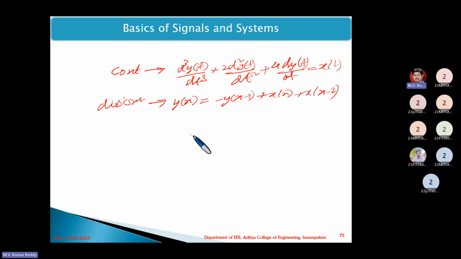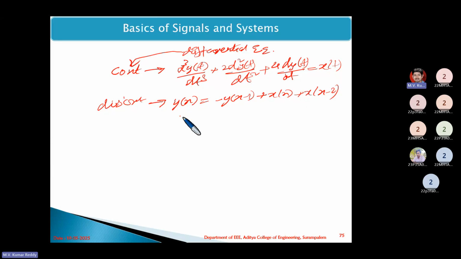Now the important point is, the continuous equation is called a differential equation. Very, very important. In each and every chapter, this concept will be there. Whenever a differential equation comes, automatically it is a continuous signal or continuous system.